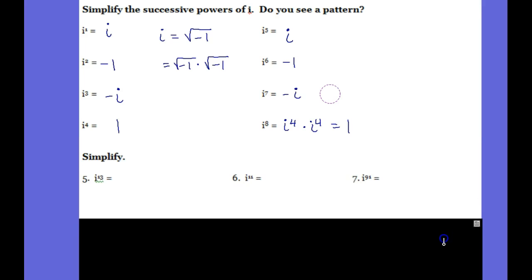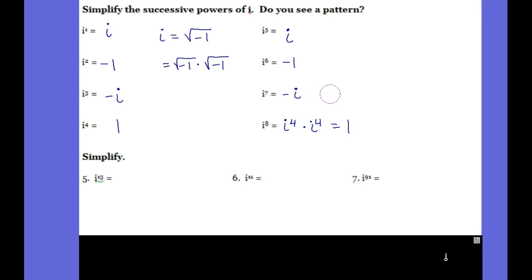It's really kind of like i to the 4 times i to the 3. So i to the 3 is -i. i to the 4 is always 1. So what we're going to do to continue to simplify these is find powers of i to the 4 and then find the remainder. I'll explain that as we do example 5.